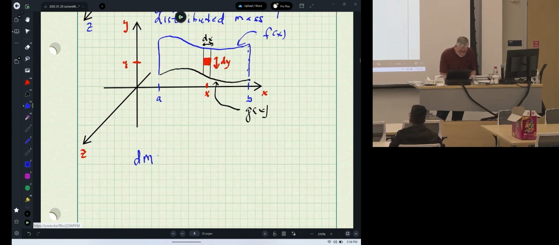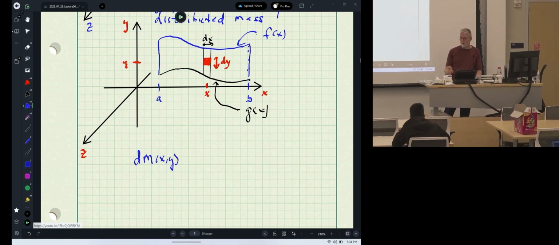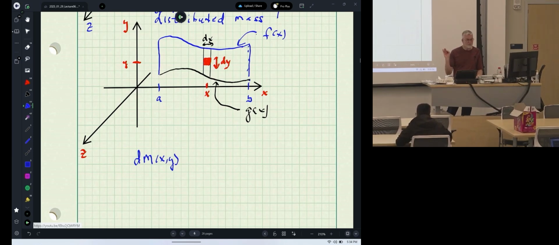So dm of x and y this time depends not just on x, it depends on where I've drawn this little tiny rectangle that is dy high, dx wide. So this is my density times the thickness in z times dx times dy.